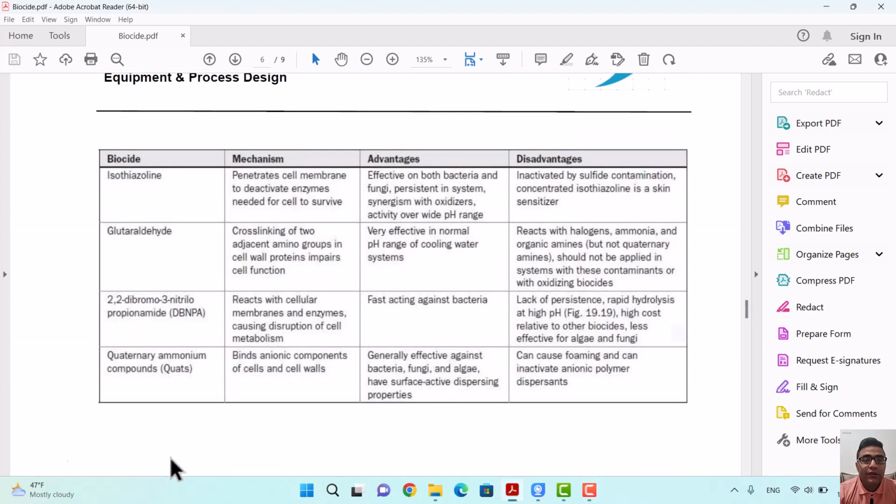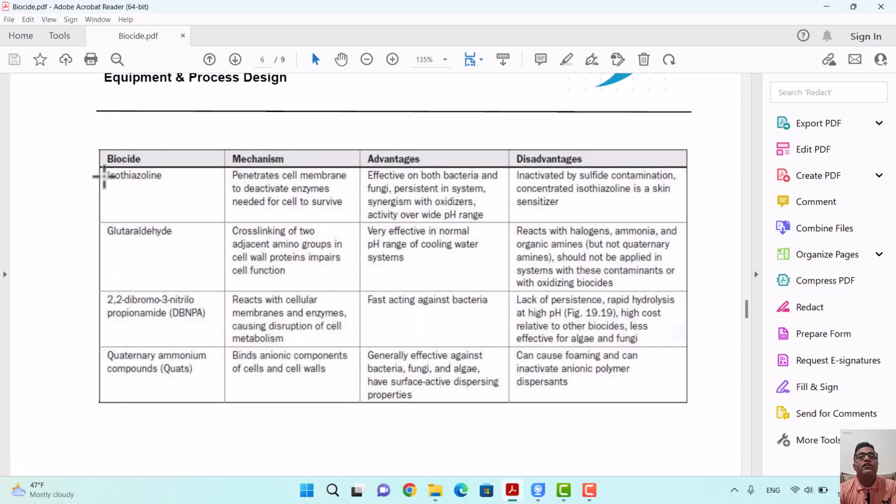So now I want to focus on each of these. Here, I just talked about the general aspects of each of these non-oxidizing biocides, about their mechanism, advantages, and disadvantages.